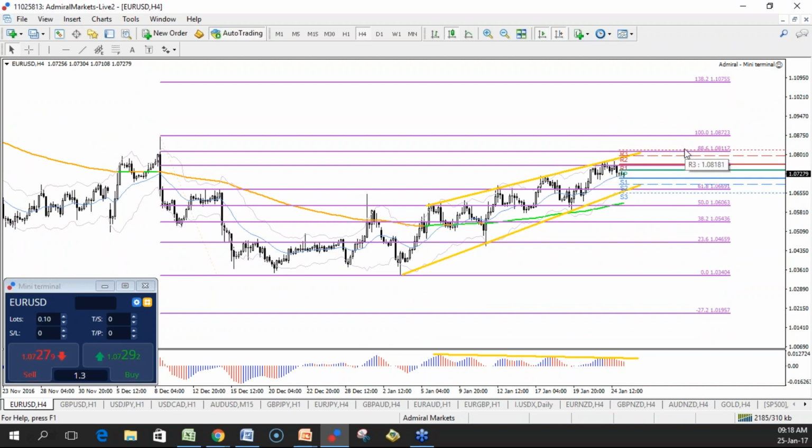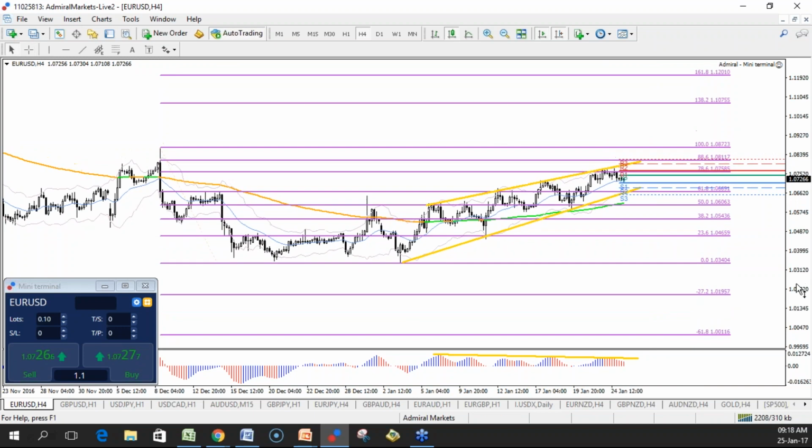At the 88.6 fib, that reward to risk ratio turns even more dramatic. We can add 50 pips to the profit and knock down 50 pips of the risk. So pending at the 88.6 fib, we're looking at a 10 to 1.